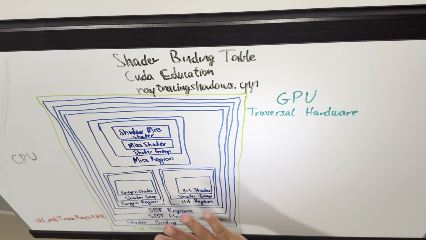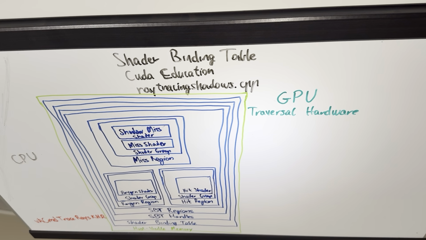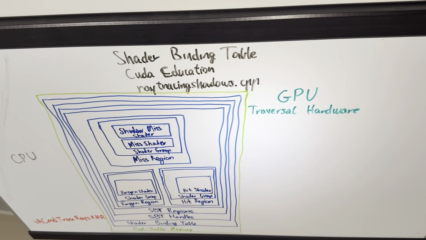Now the thing is that all of this information here is filled in by the CPU. Okay, so the reason why it has to be host visible is because the CPU fills it in.